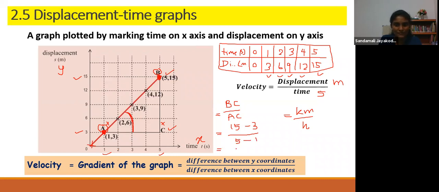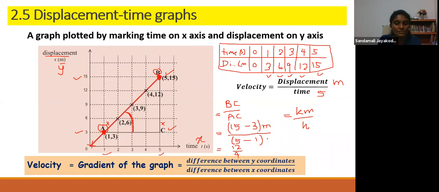We will get here 12 divided by 4. 12 is in the y-axis. That means it is a displacement value. The unit is meters. So we have to put the units too. At the first step of the substitution of each and every value, we have to put the units.